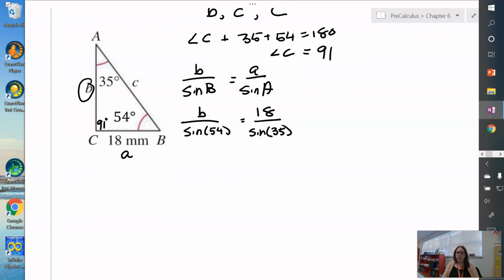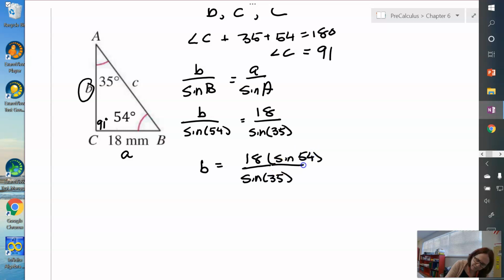And then to solve for b, I'm just going to multiply both sides by sine of 54. So what I'm going to get is little b equals 18 over sine of 35, and all of that's going to be multiplied by the sine of 54. So this is what you plug in your calculator.